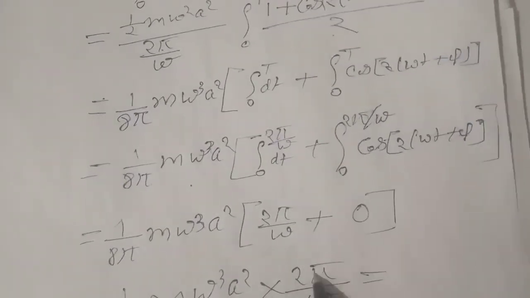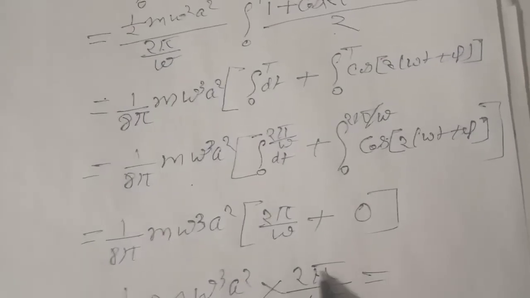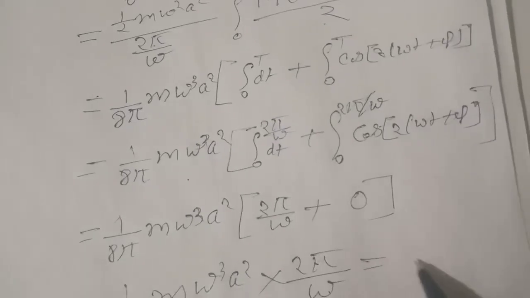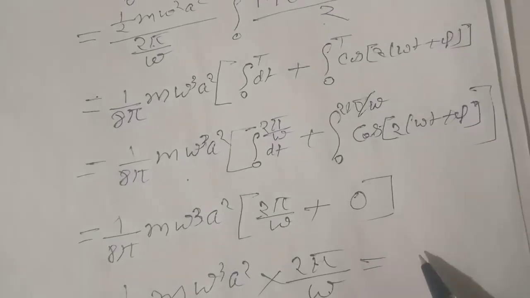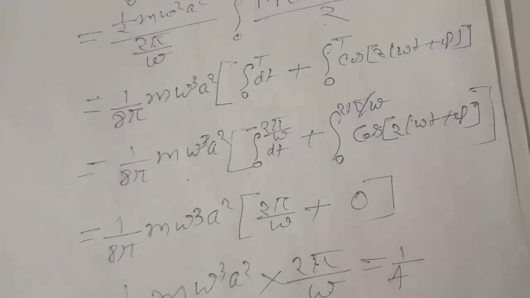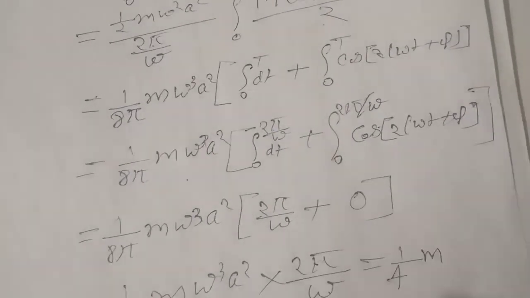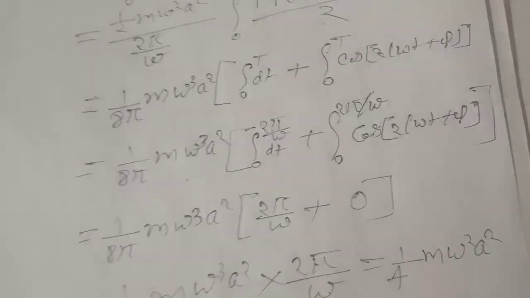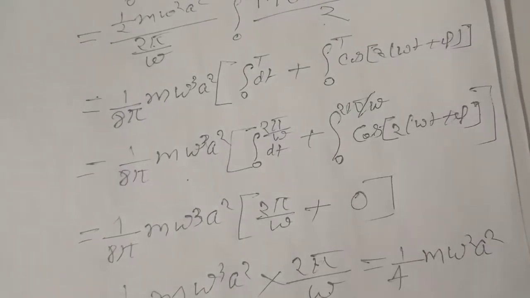Cutting 2 pi with 8 pi, and omega with this, we get 1 by 4 m omega square A square. So this is the average kinetic energy in one oscillation.